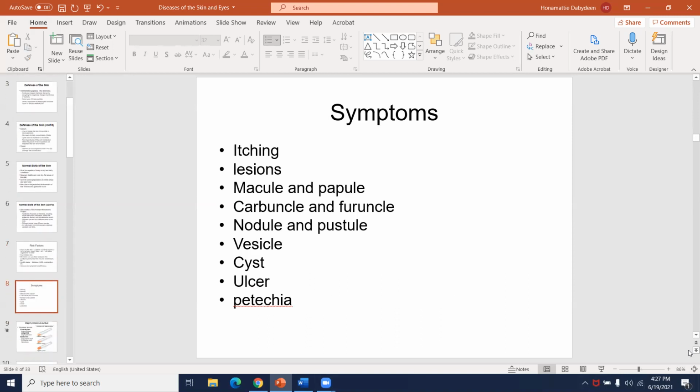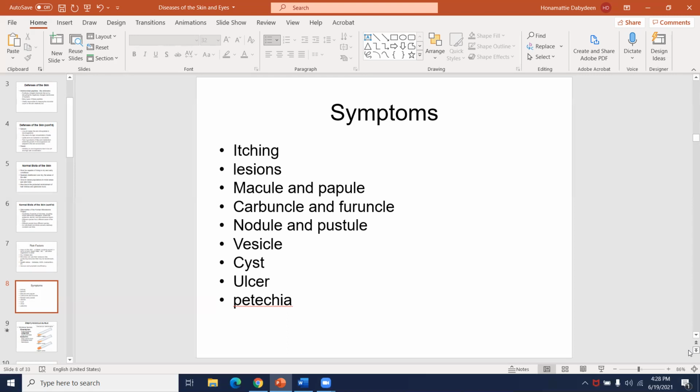Some symptoms of skin diseases? Well, more than likely you're going to have an itch. There are different types of lesions. There are so many, maybe a dozen or more different types of lesions that you will learn about, especially if you're a nursing student. They will talk a little bit about the macules and the papules, the carbuncles and the furuncles, nodules, pustules, vesicles, and all these types of lesions.